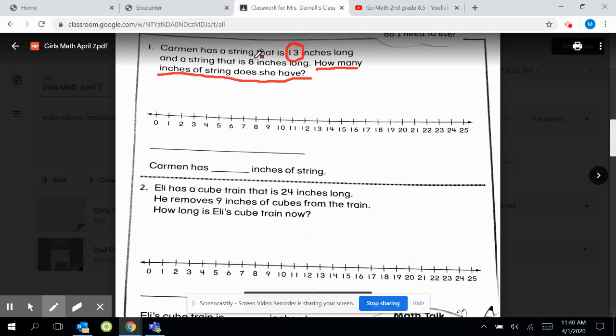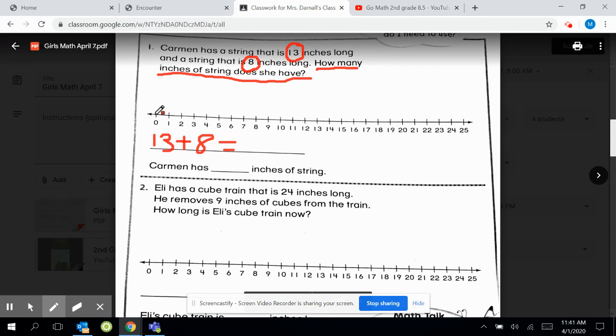A string that's 13 inches, and a string that's 8 inches. Do you think on this problem you are going to add or subtract? She has one string and another string, and we want to know how much string she has. So that means we're going to add. So down here, we can write 13 plus 8 equals, and we're going to find that out here in a second.